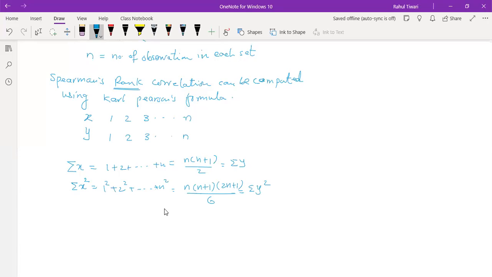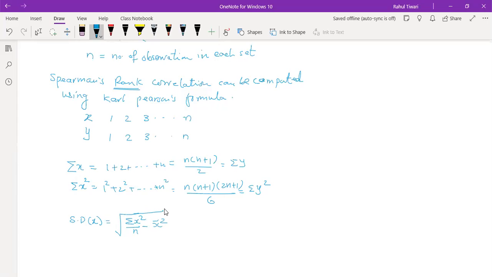Once we have the formulas for summation of x, summation of y, summation of x square and y square, one can try to get the value of the standard deviation of x. The standard deviation of x is the square root of summation x square upon n minus x bar square. I can calculate the value of x bar since I have summation of x.